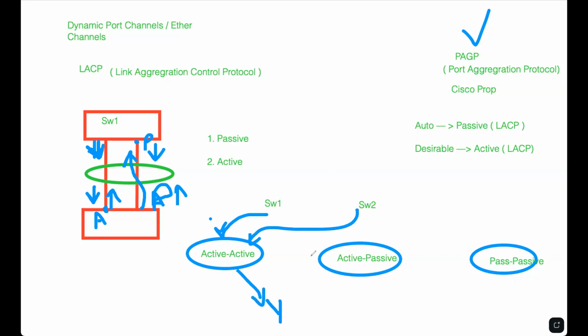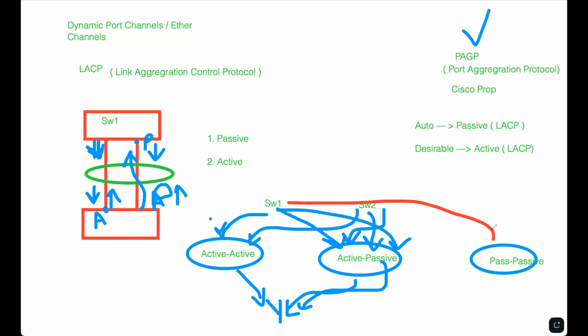Yes. If switch 1 is active and switch 2 is passive, the port channel will form. Yes. If switch 1 is passive, if switch 2 is active, the port channel will form. Yes. If switch 1 is passive, if switch 2 is passive, then the port channel will not form. No. Right.